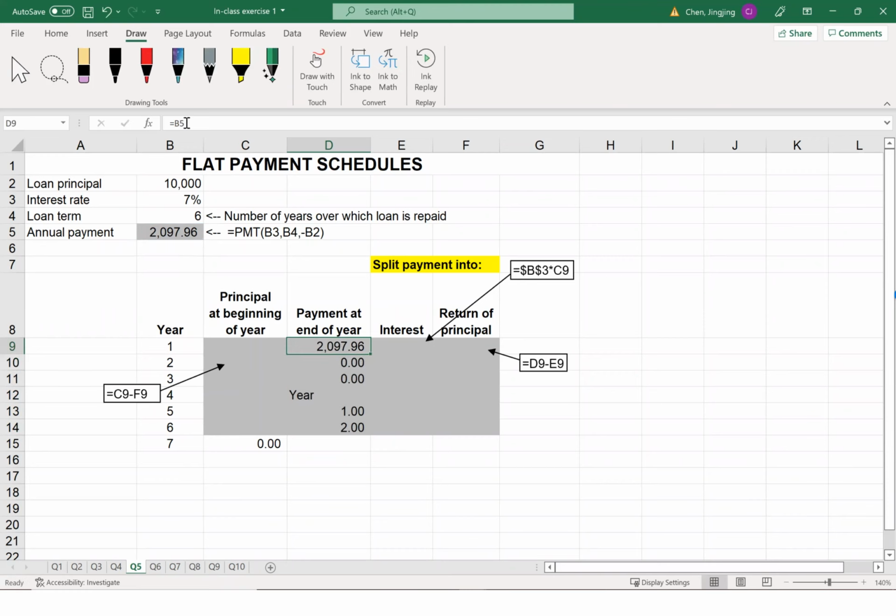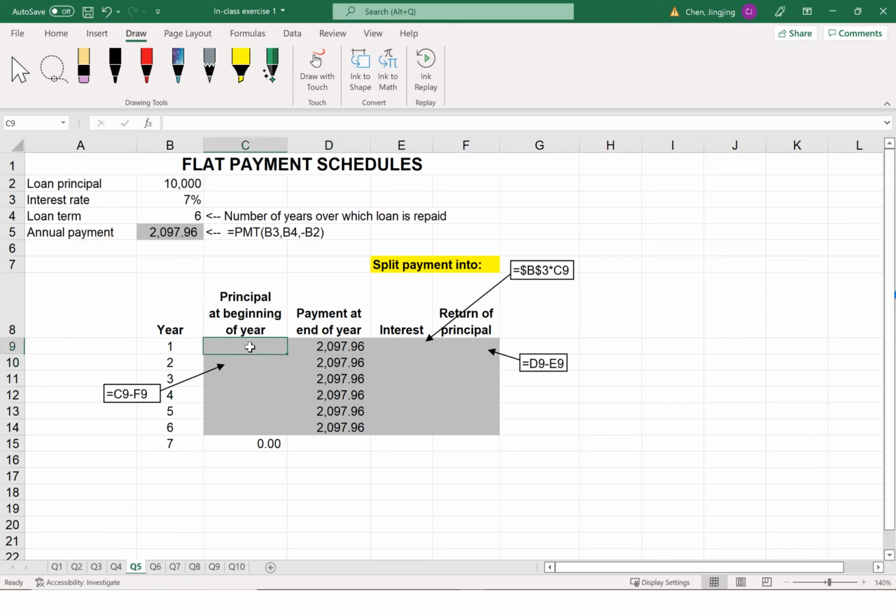So I just want to fix the cell here by adding the $ sign. Okay, so I enter, and now it will be fixed. So every time it will reference back to cell B5.